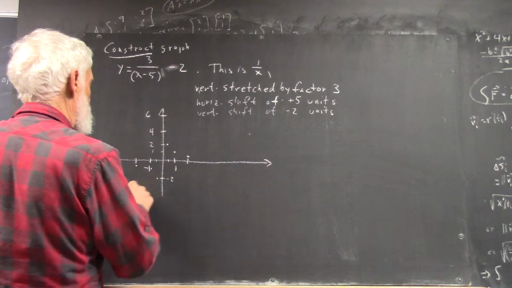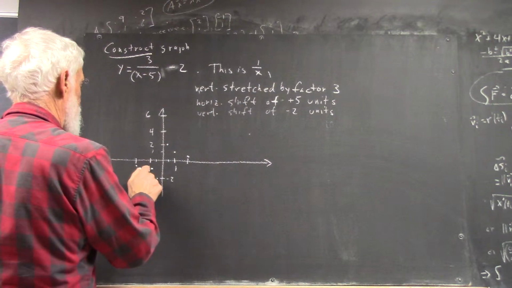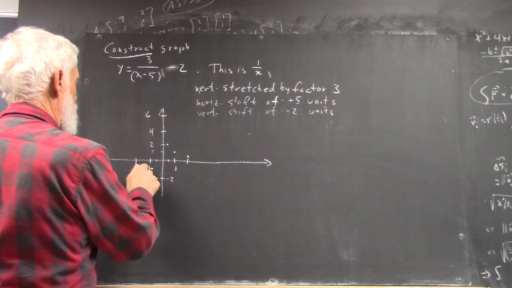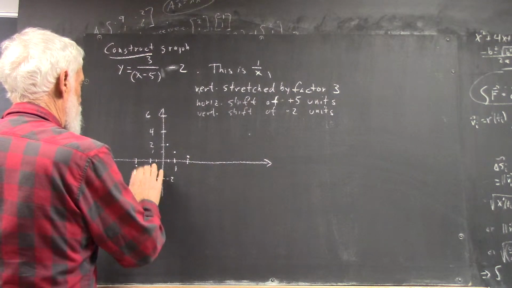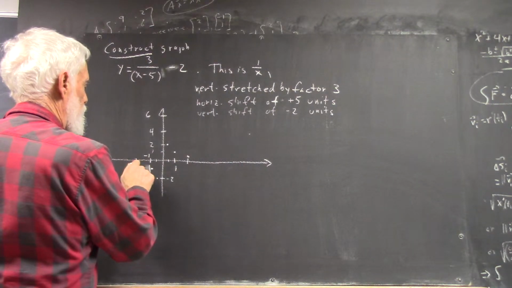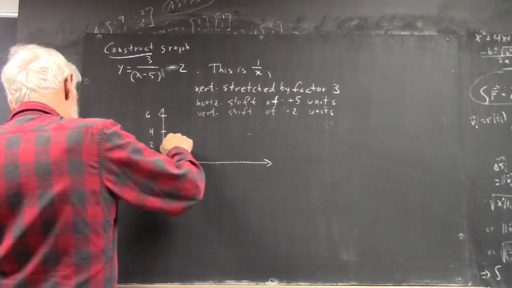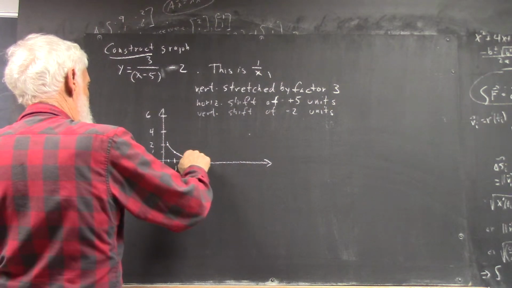So -2 would be here. So here are the 3 points that we've got over here. And the -1 is kind of in the way, so I'll kind of put it up here. And then I can sketch the graph at least here.